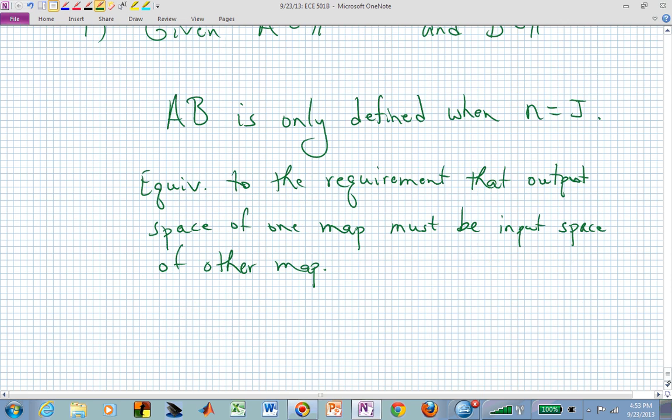In this case, the output space from B needs to map into the input space of A. So N is equal to J.